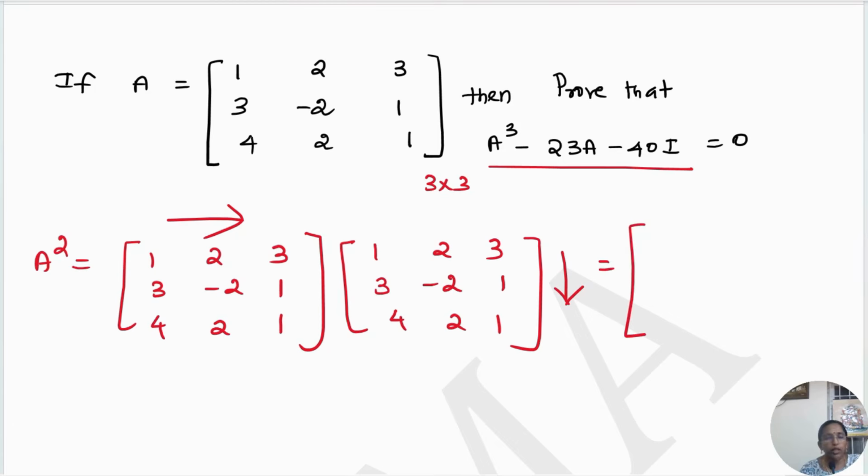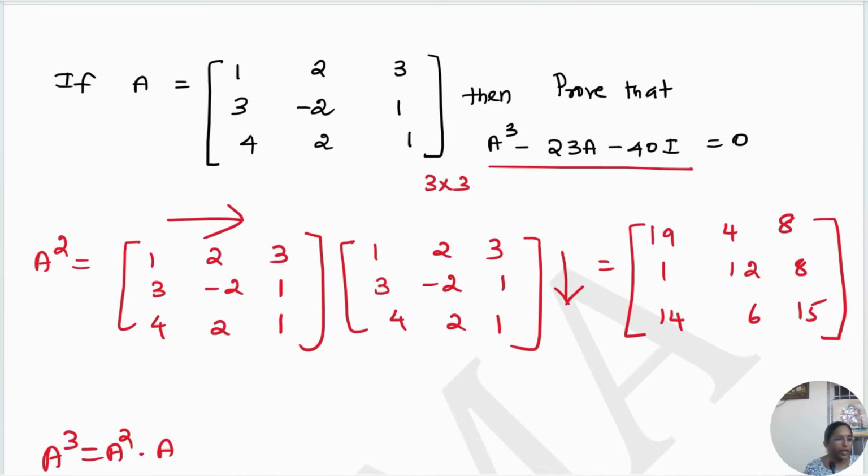Here both are 3 cross 3, so your resultant matrix is also 3 cross 3. So our answer is, this is our A square. Now we have to find our A cube. So A cube is A square into A. This is our A square answer.